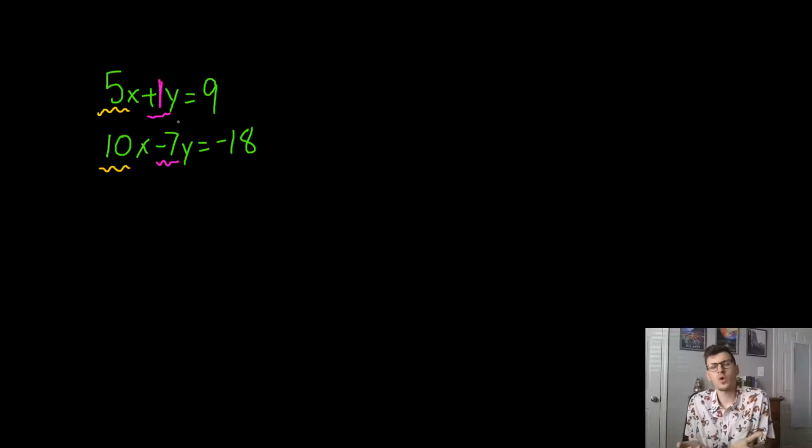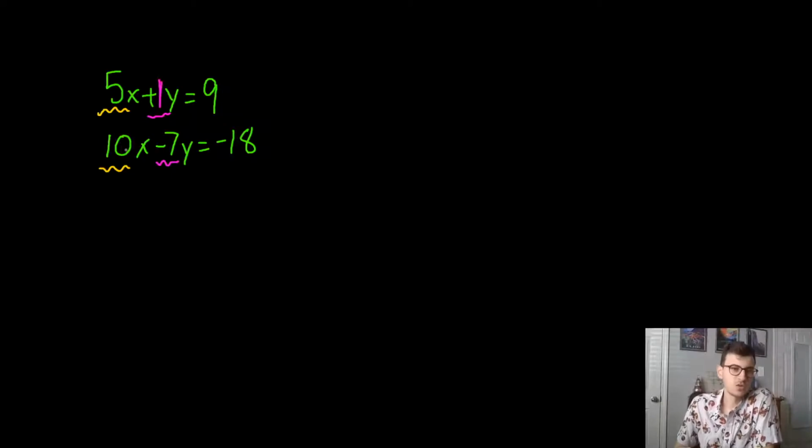So what do we do? Well, remember, we're working with equations. So this idea of doing the same thing to both sides is still in play and definitely what we want to take advantage of. So I would like to make this 5 the same as 10 so that I can add them together, or subtract them, so that I can cancel one out.